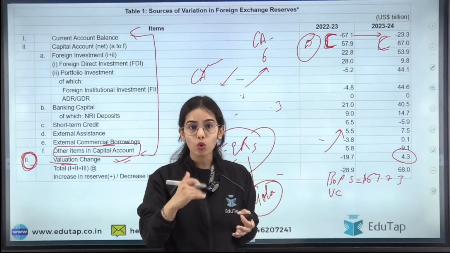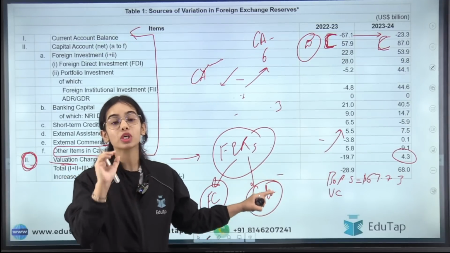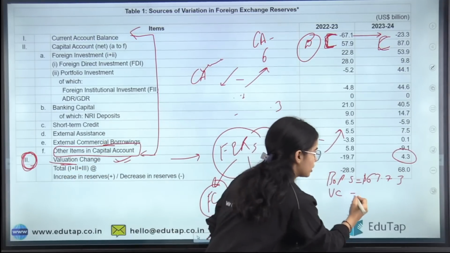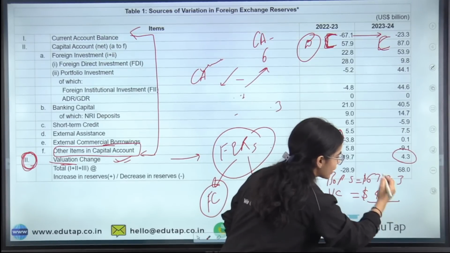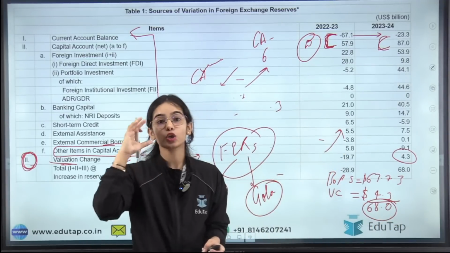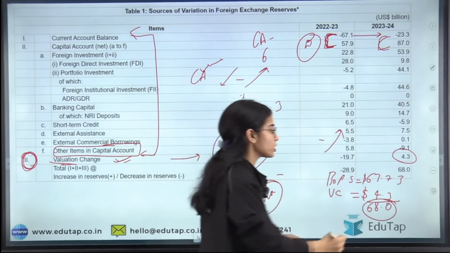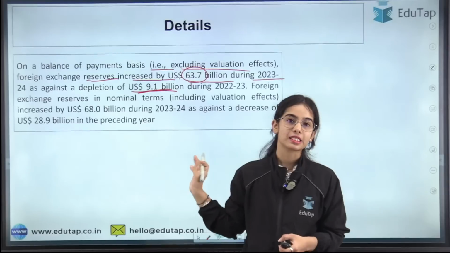The gold kept in the foreign exchange reserves increased in value by 4.3. So here you can see 68.0, that is $68 billion. The foreign exchange reserves have increased by $68 billion.